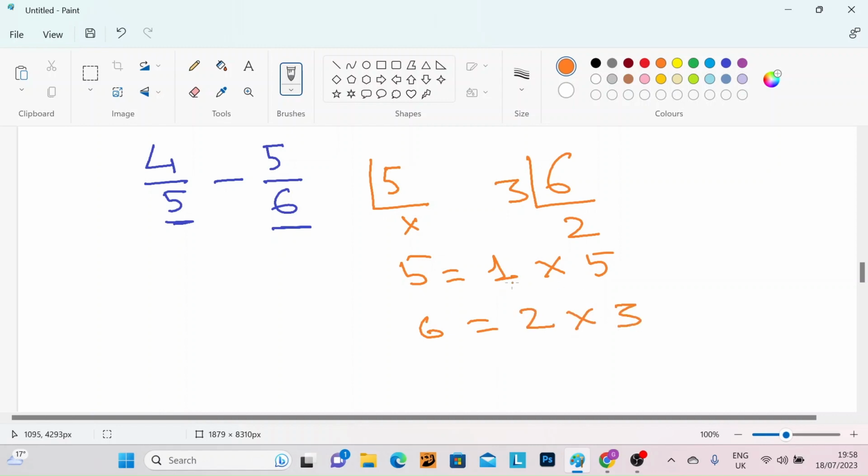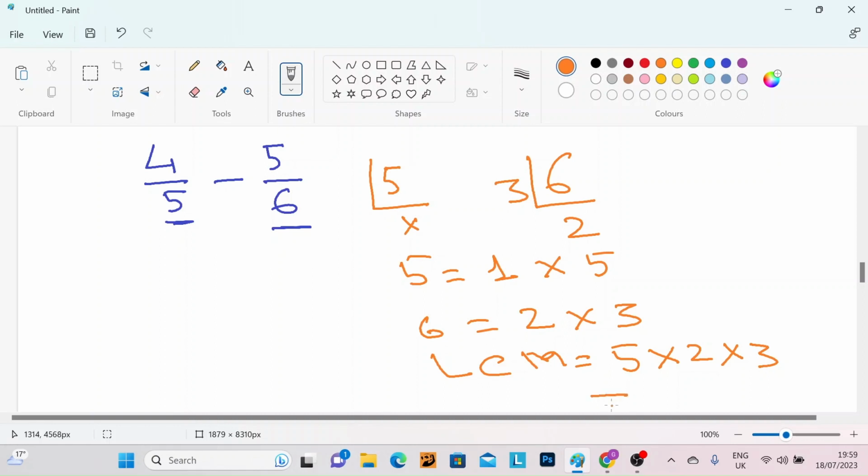So there is no number common in more than one row. So in order to find the LCM, we have to take all of the numbers, which is 5. Well, taking 1 or not taking 1 is equal because it doesn't change the result. So we are taking 5 from here, we are taking 2, and we are taking 3.